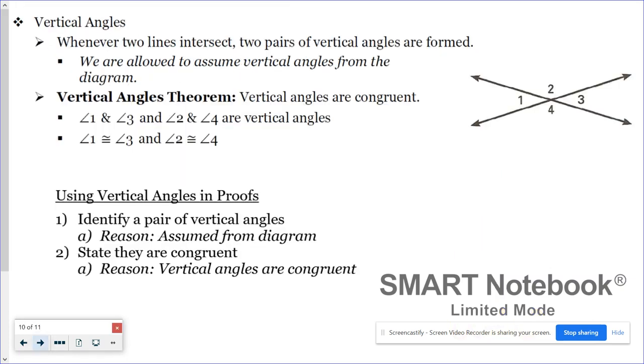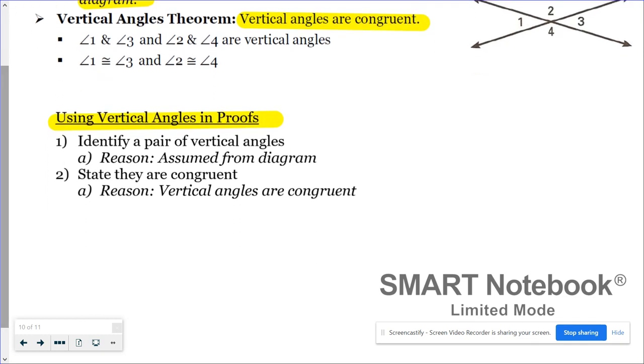Vertical angles, we've talked about these before. Remember, we are allowed to assume vertical angles from the diagram. Okay. And we've used this theorem before, vertical angles are congruent. Okay. So using vertical angles in proofs, the very first thing you have to do is you have to identify a pair of vertical angles.